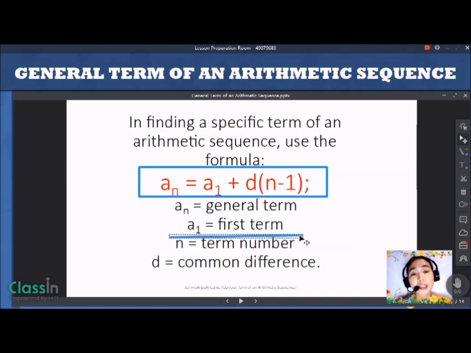A sub 1 is the first term. N is the term number or the order of the terms. And of course, as we know in the discussion about arithmetic sequences, d is the common difference.